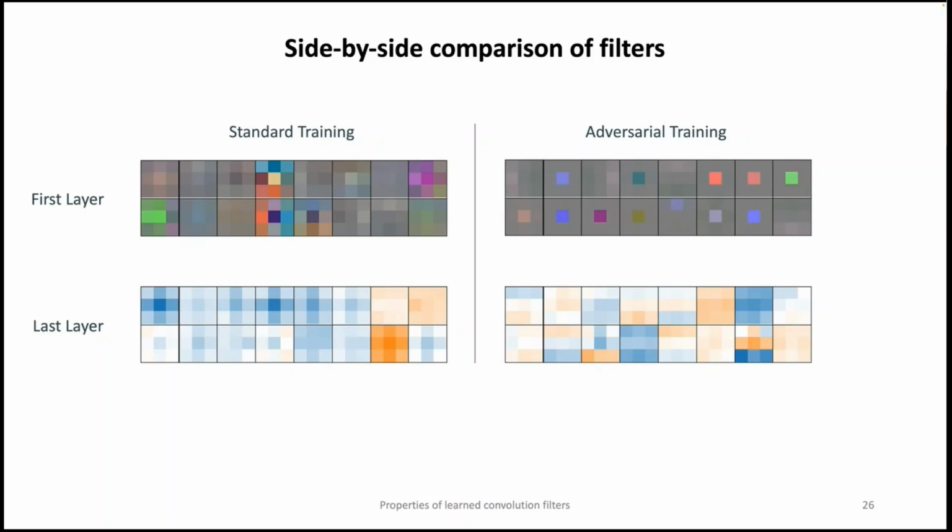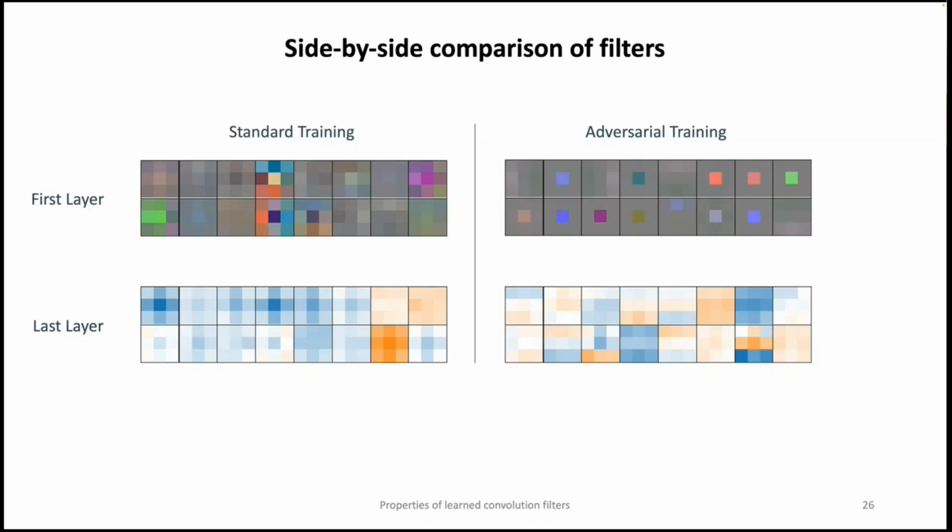But if you look at the filters of adversarially trained networks, they have entirely different filters. In particular, only the center weight is activated there. This is interesting because this could, in theory, be simply replicated by a convolution with a 1x1 filter. So the majority of weights there are not really used.